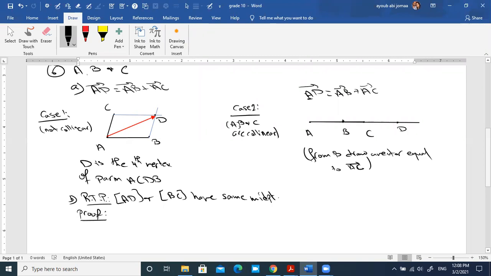So here, in case one, the points are not collinear. We have A, B, D, C is a parallelogram. It means that diagonals AD and BC bisect each other.